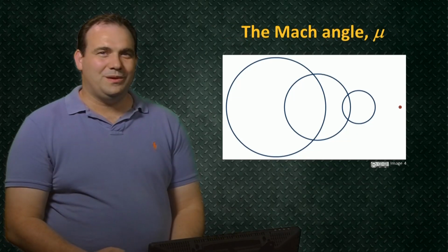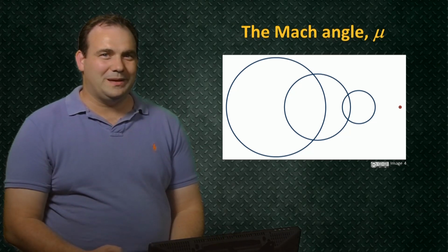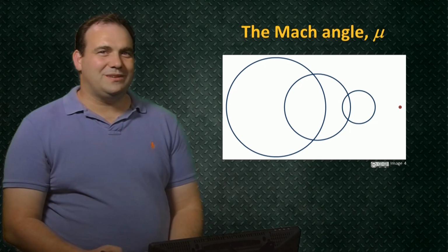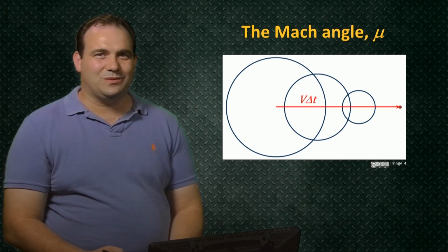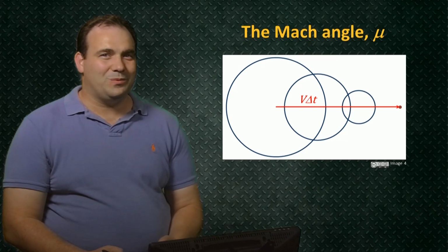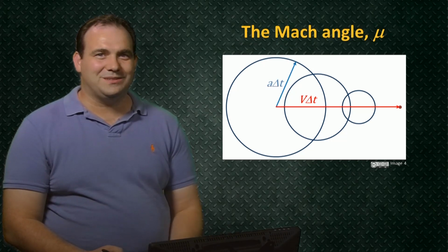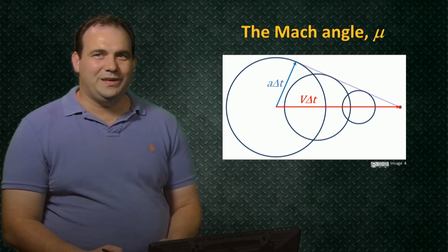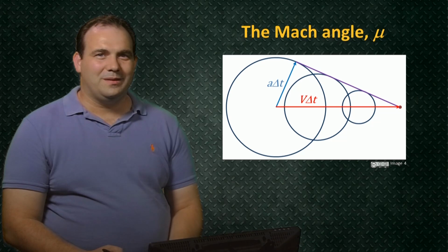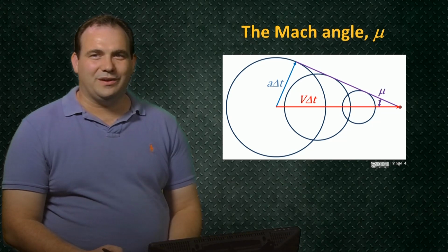We can easily compute the angles of the sides of the Mach cone using simple geometry. In a time interval Δt, the object travels vΔt to the right, while the sound wave will propagate aΔt outwards from the point where the object started. If we complete the triangle, μ is the angle of the cone from the path of the object.